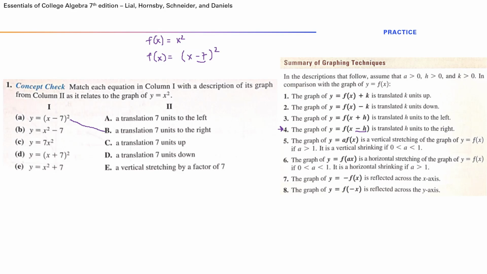Now x squared minus 7, that is outside of the function. So that is right here, number 2. We have k units down, so 7 units down.